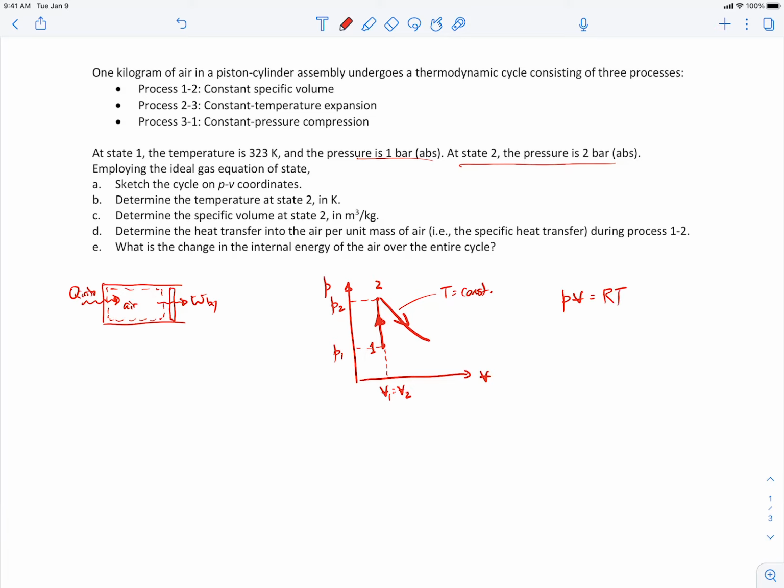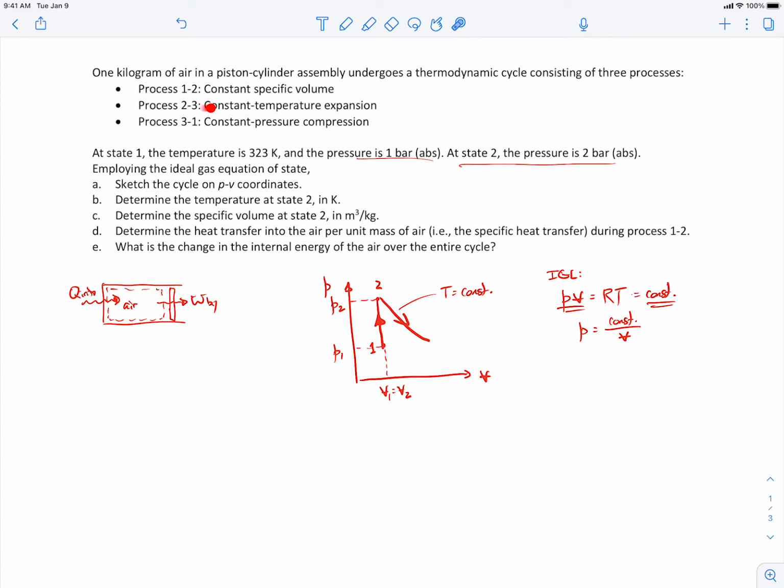This is just from the ideal gas law. And so if it's a constant temperature process, then PV is equal to a constant. Or you could write it this way, P is equal to a constant over the specific volume. So that looks like a hyperbola, which is this kind of curved shape here. It's my best attempt at a hyperbola.